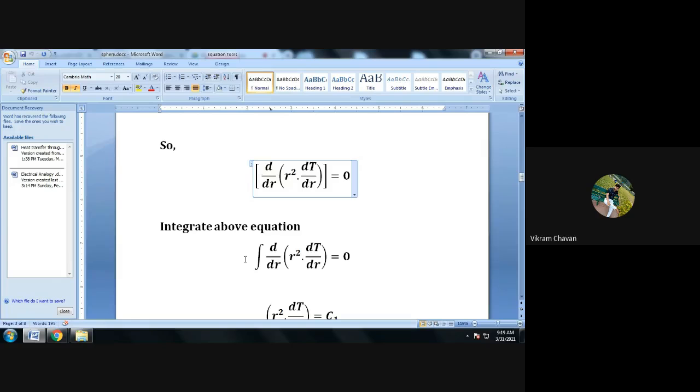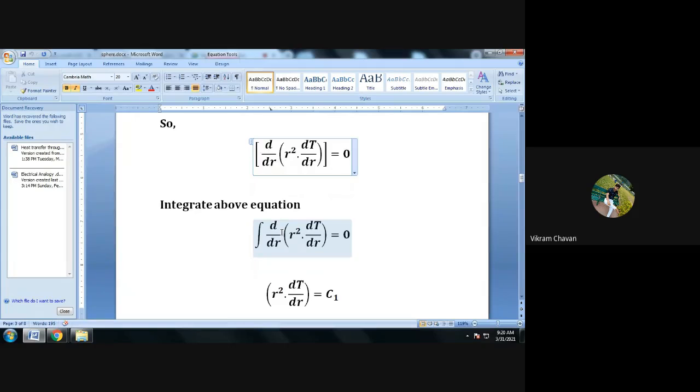Integration of d/dr of (r square multiplied by dT/dr) equal to 0. This integration will be applied to the first derivative, so the derivative will be cancelled and we have to include one constant of integration in the equation.